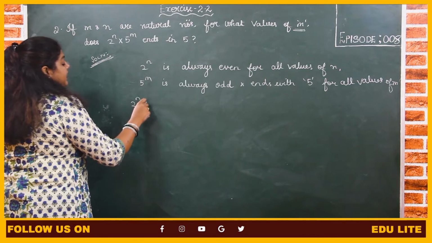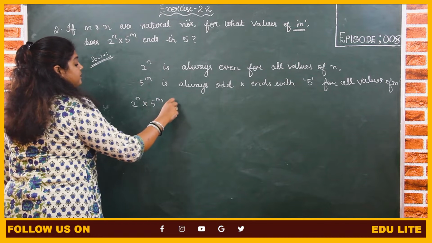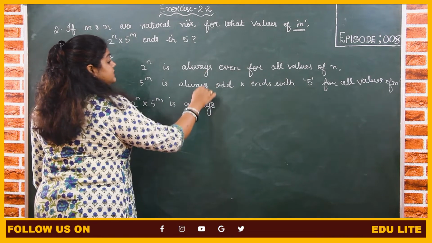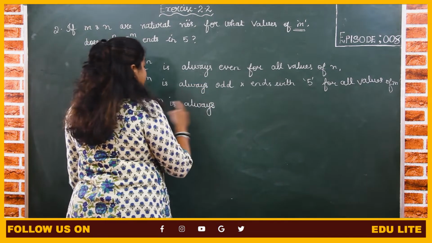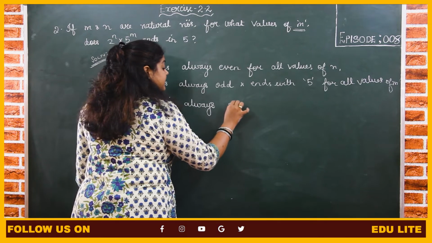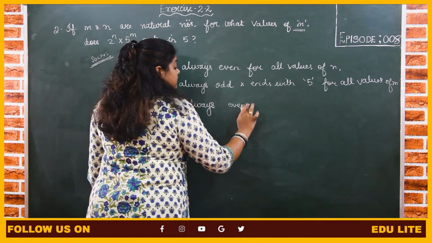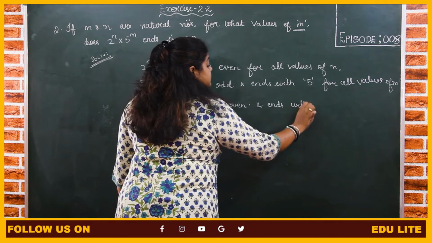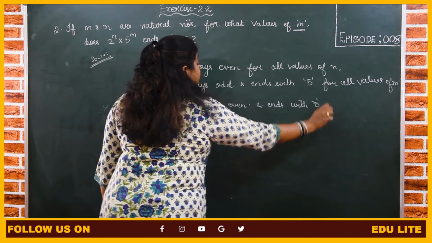Now 2 power n into 5 power m is always even, because the combination of odd and even will give us an even number, and it ends with 0. Let us check that.